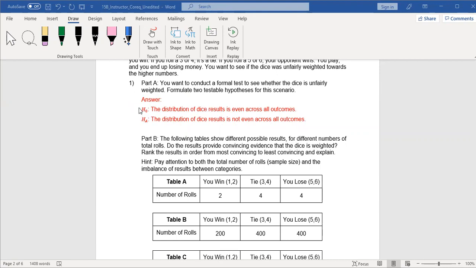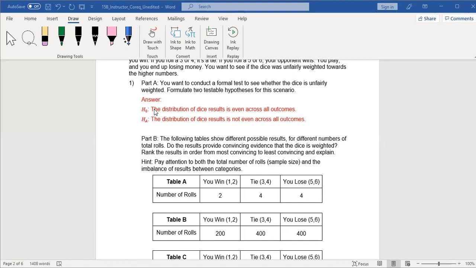For the null we use H0, which is going to say that the dice is fair, that all outcomes are even. So the distribution of dice results is even across all outcomes.